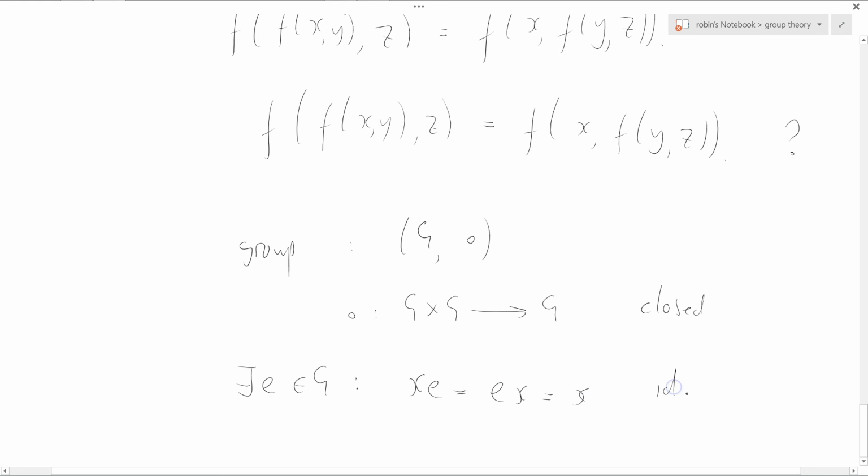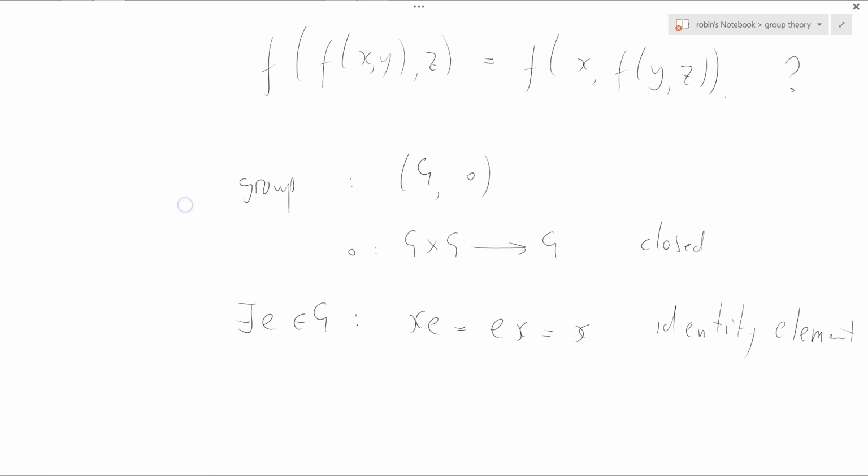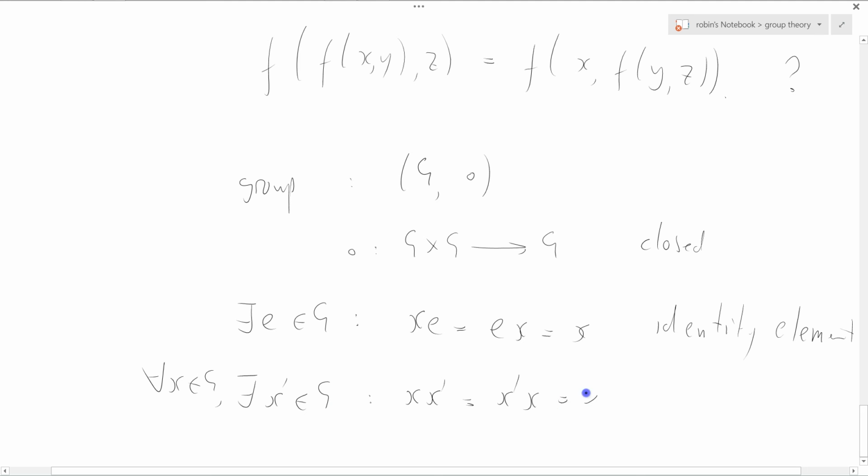That's your identity or neutral. For all x in the group, there exists x dash in the group such that x x dash equals x dash x equals your identity. This is an inverse.